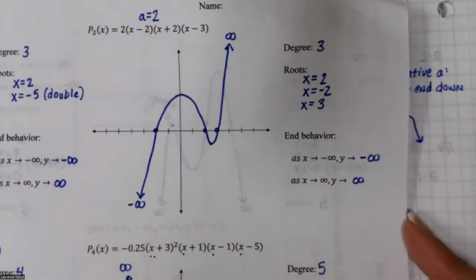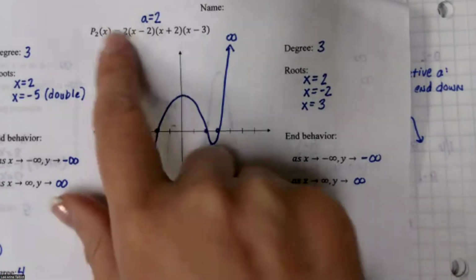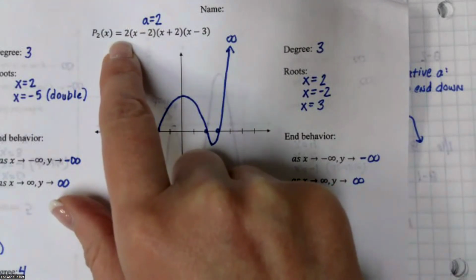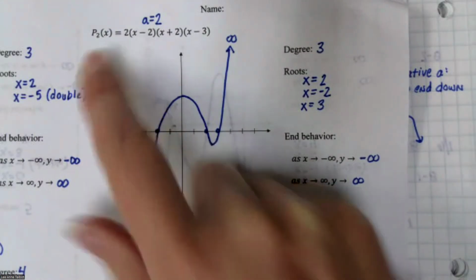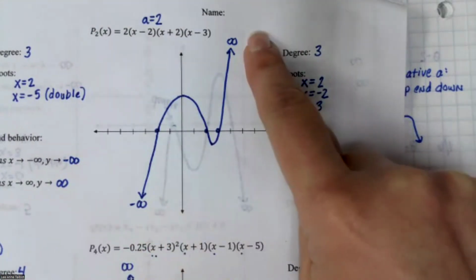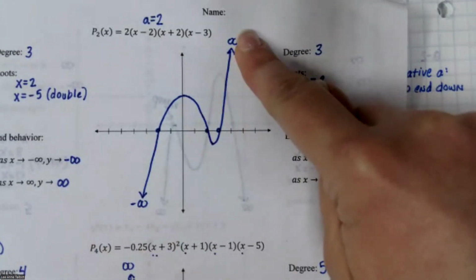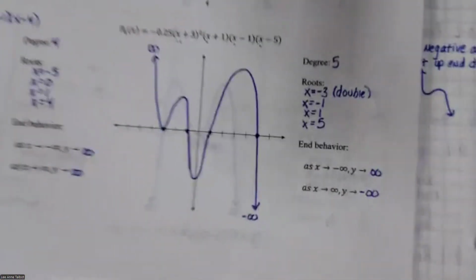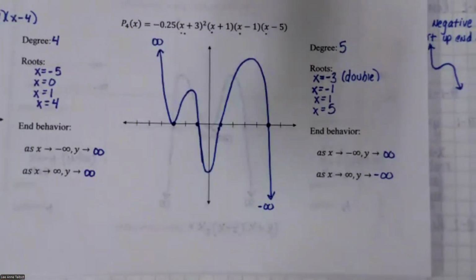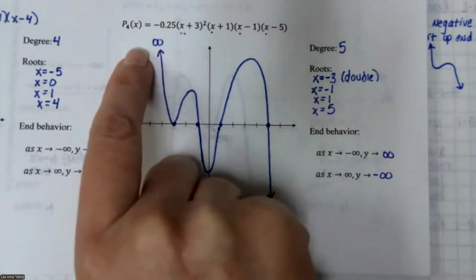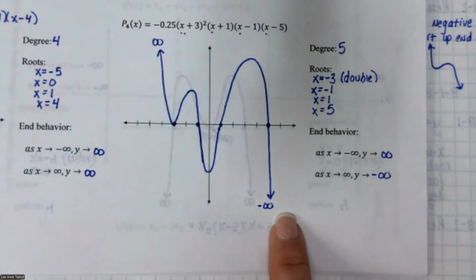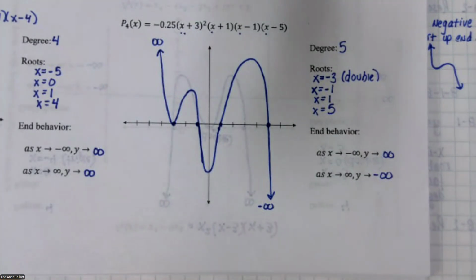Graph 2 has a positive a value. A is 2, and it starts low and ends high. So it's increasing as it goes. Contrast that here. Negative a value started high, ended low. Does that make sense?